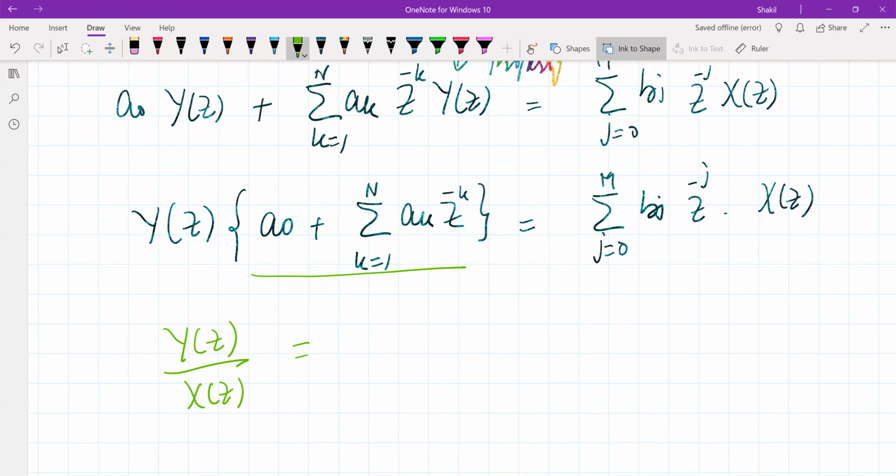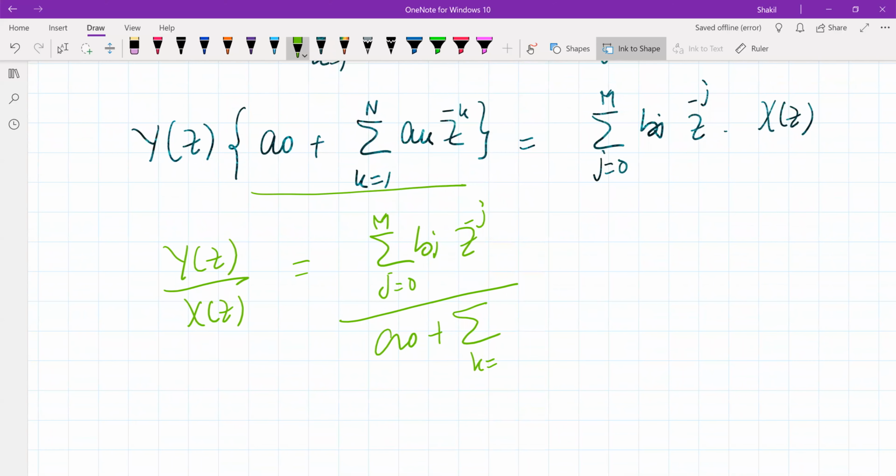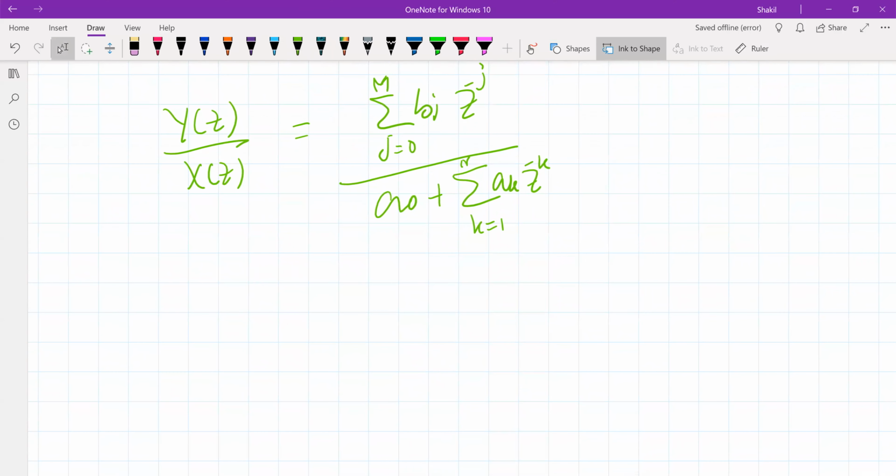and if I transfer this to the right hand side, I can write this as summation j running from 0 to n, b_j z to the power minus j, divided by a_0 plus summation k running from 1 to n, a_k z to the power minus k. So what's output by input is referred to as the transfer function of the system.